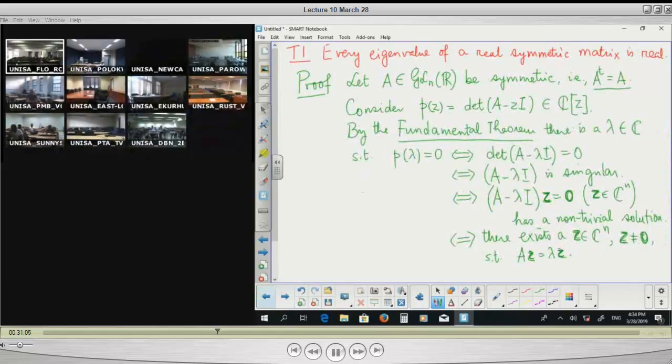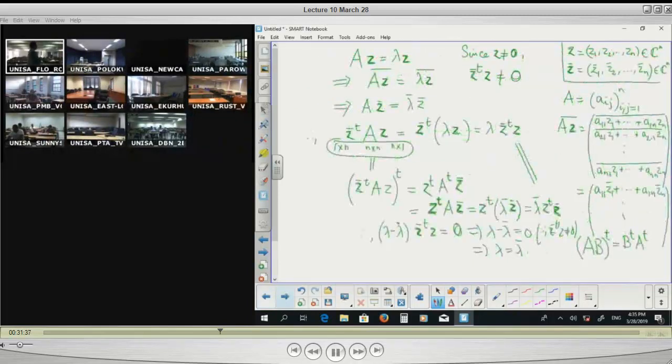So, the fundamental theorem actually goes on to say it has all n roots, right? So, all the roots are complex numbers. And hence, by the same logic, all the roots are real numbers. Okay? So that proves this theorem. Okay? Alright. So, every real symmetric matrix has its eigenvalues real.